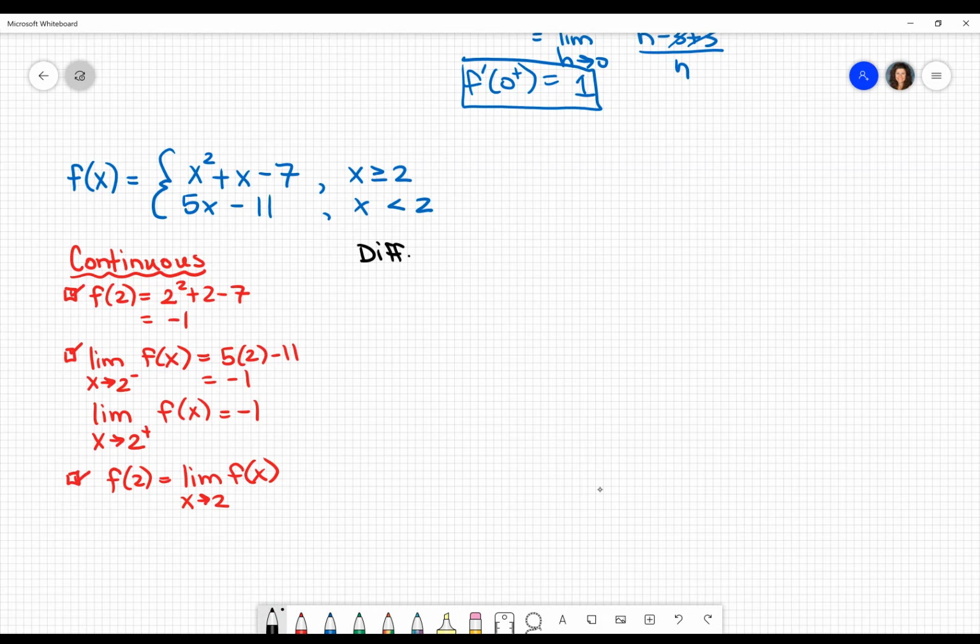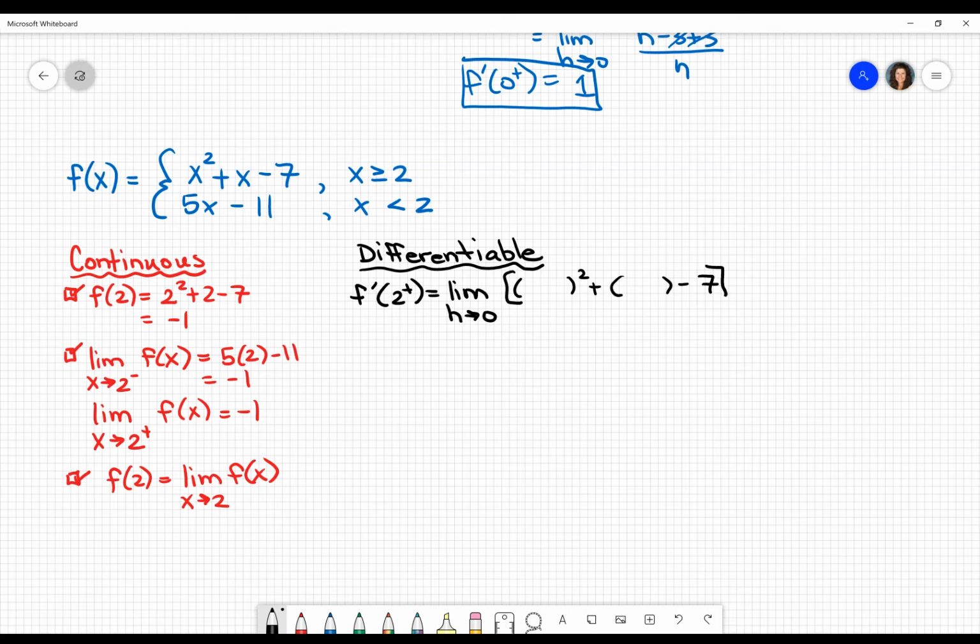In order for a derivative to exist, the limit must exist. So we must look at the limit from the left and the right at 2. We'll first start with the derivative at 2 from the right. So that will be the limit, and yes, let's use the traditional definition to get a little better at it. As h approaches 0, it's going to be a quantity squared plus a quantity minus 7.